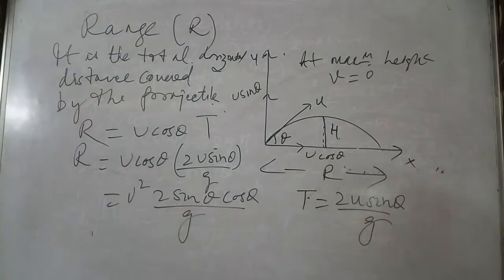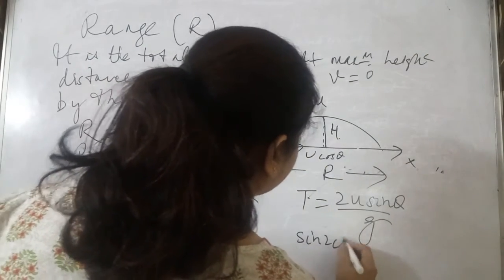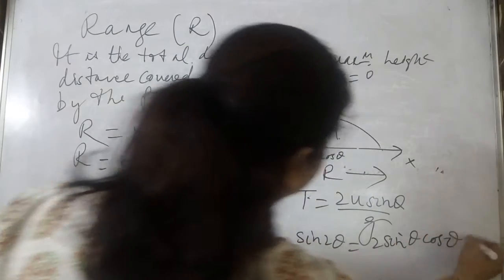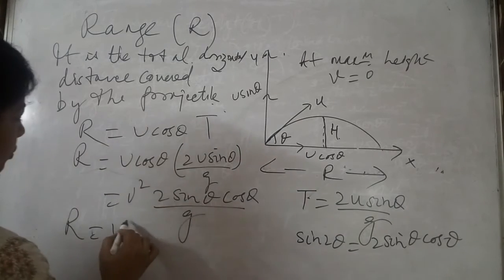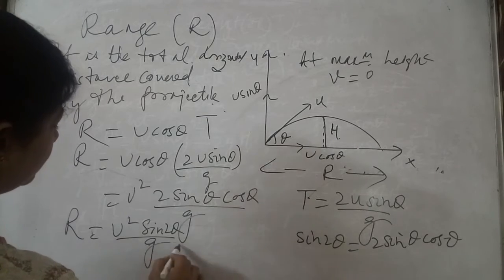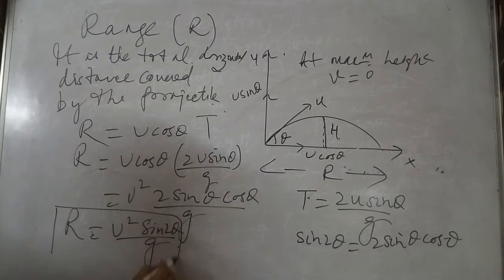This is your formula. Let us substitute this formula in this equation. R is equal to u square sine 2 theta by g. This is the main formula you are working with.